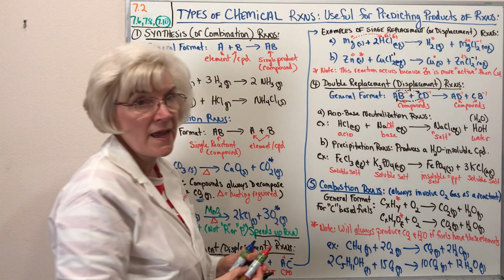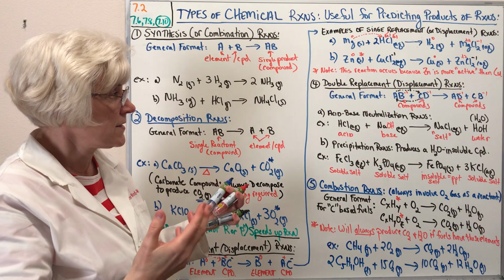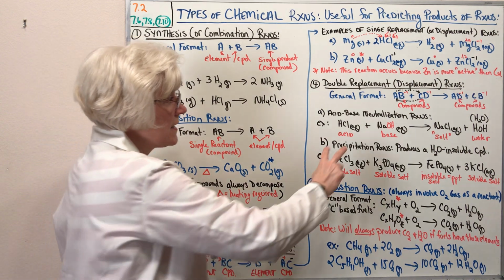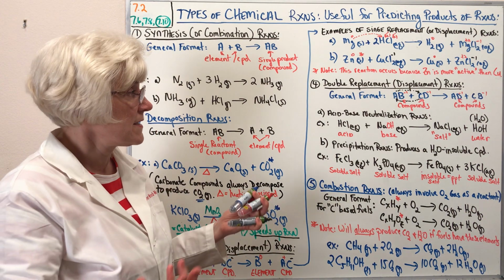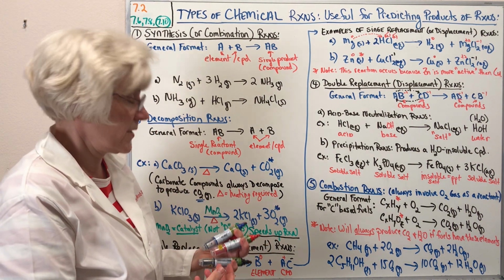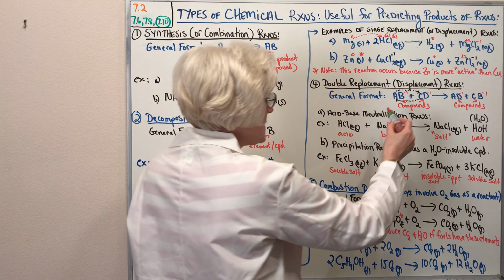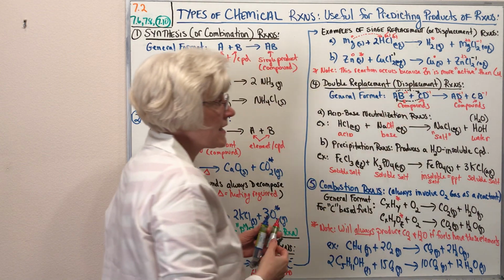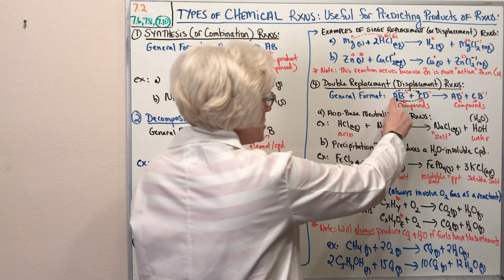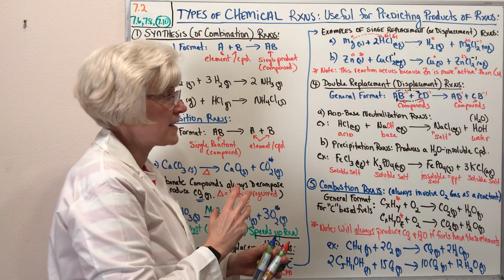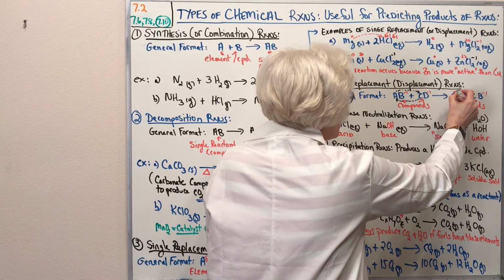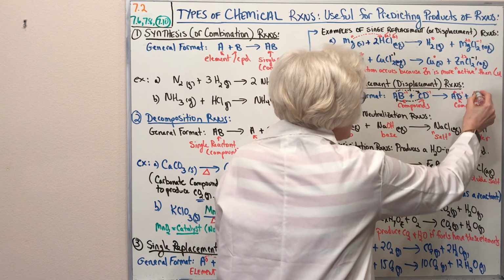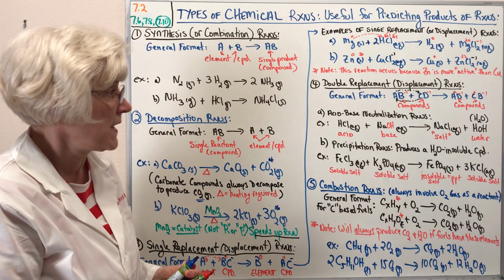The B's and the D's remain in their partial negative state, and they just switch their positive cation counterparts. So the B and D remain as negative ions, and they just switch their positive partners, and we now have A paired with D and C paired with B.